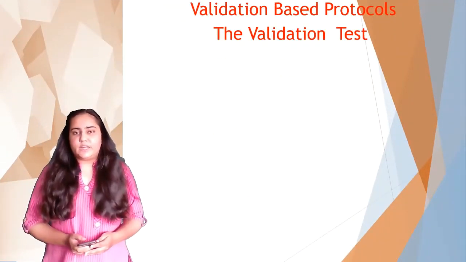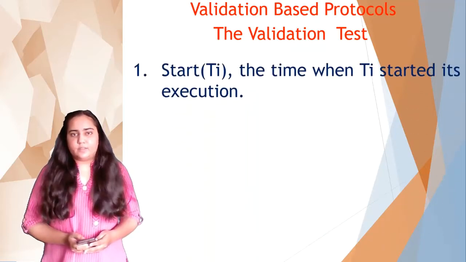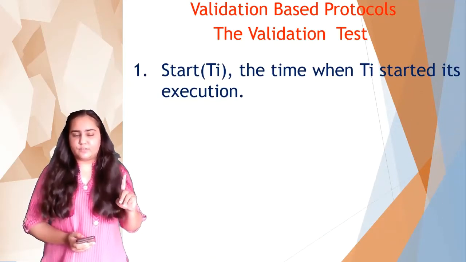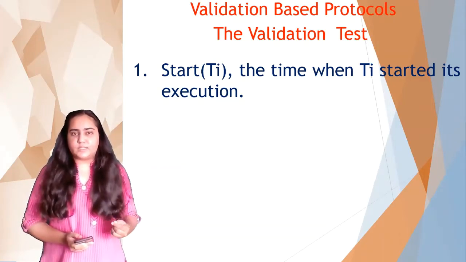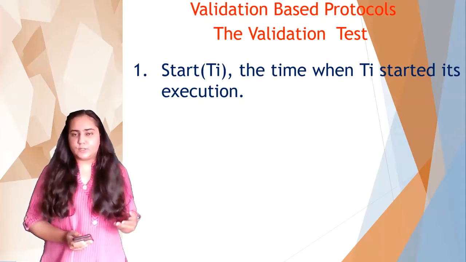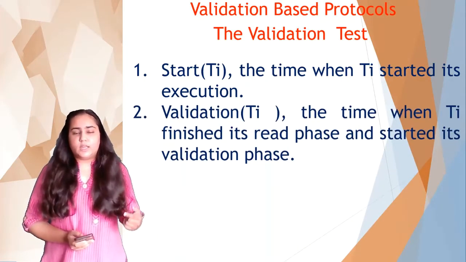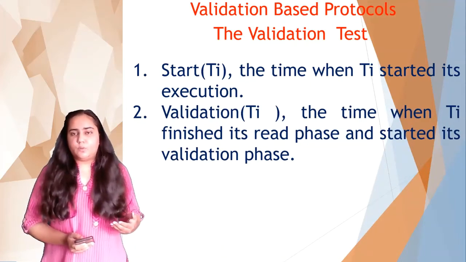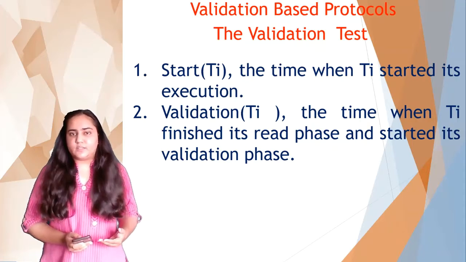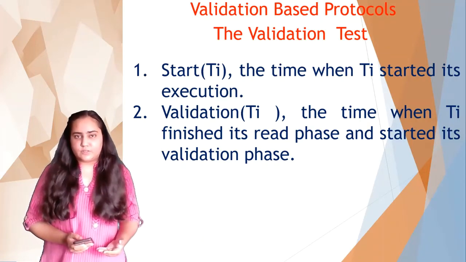Now let's see what the validation test is. The validation test requires 3 things. The first is the timestamp of the transaction when it started. So start TI is the time when the transaction started its execution. It also needs validation TI, which is the time when TI finished its read phase and started its validation phase.